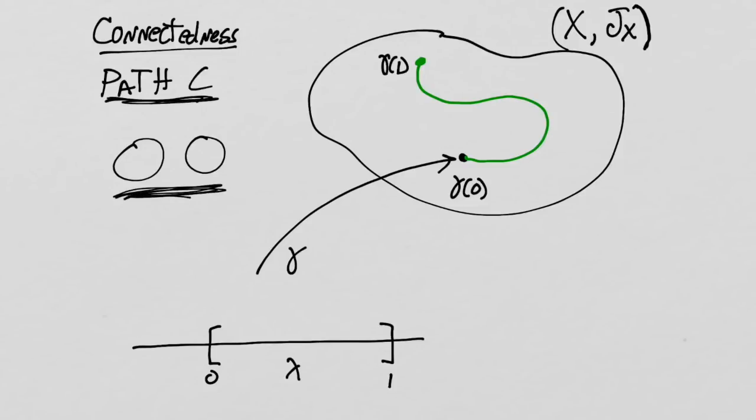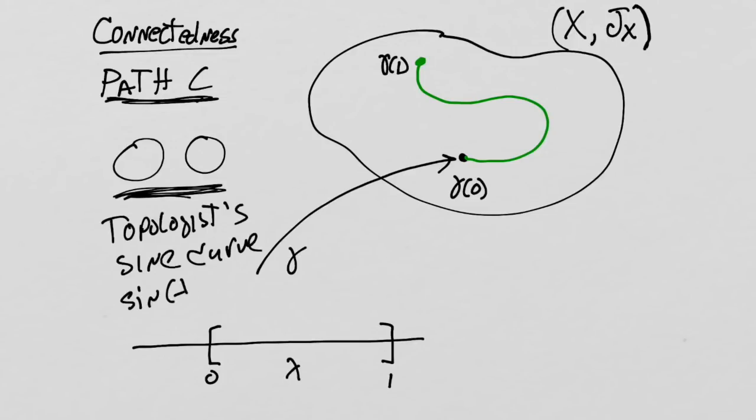There are dysfunctional sets that do this, the most famous being the topologist's sine curve, which is really, I think, sine of 1 over x. We're not going to cover it today. We're dealing with things that are path connected and connected in the regular sense, but path connected is what we're after.